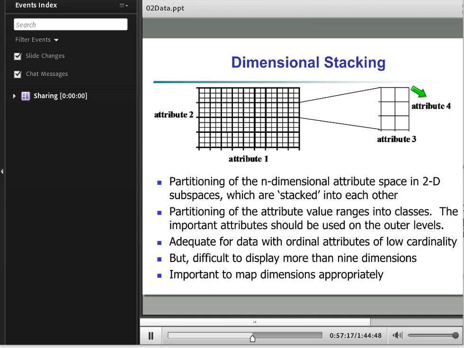However, this strategy has some limitations. You cannot present data effectively when number of dimensions became large.